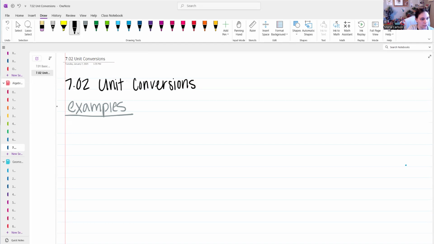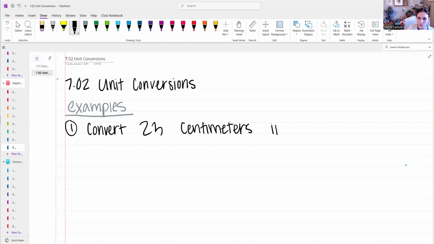So number one, convert 23 centimeters into feet.